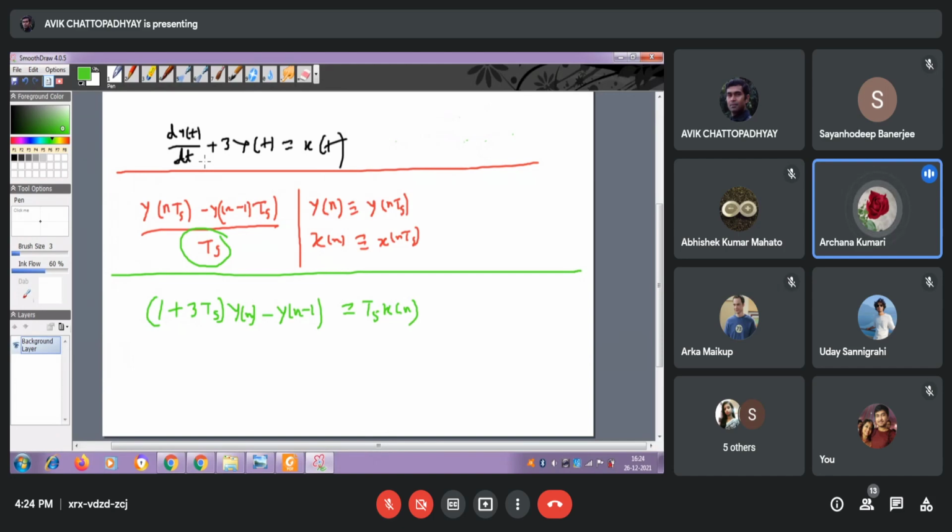So when I put the value of dy by dt in place of z, I'll have yn minus 1 minus, within brackets, yn minus 1 minus yn minus 2 by ts square. So when I evaluate the expression, we'll have yn minus 2 yn minus 1 plus yn minus 2 by ts square. Hope it makes sense. Got it?